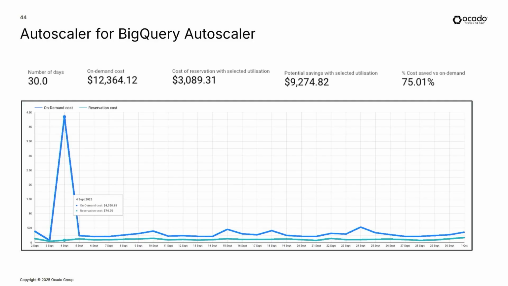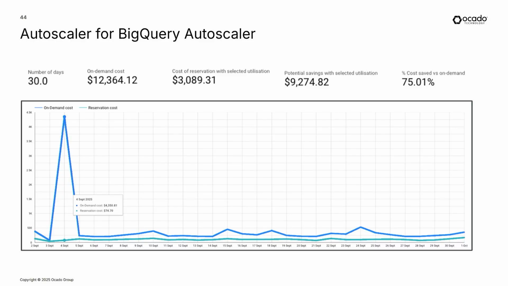In this example, on demand would cost us, in this project, more than $12,000, but our capacity pricing with our autoscaler cost $3,000. So for 1 month, we reduced the cost by 75%.